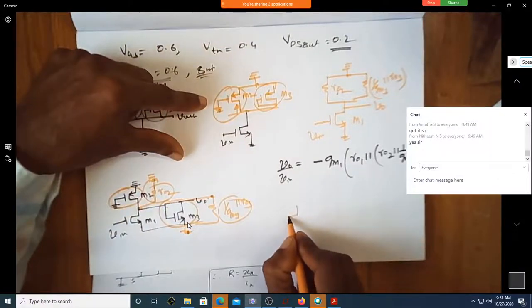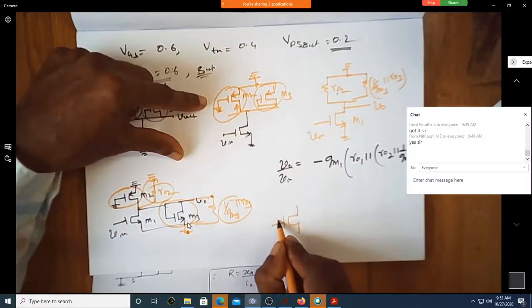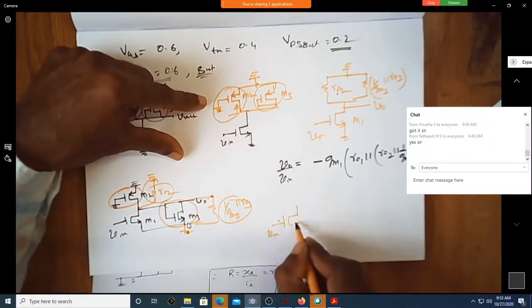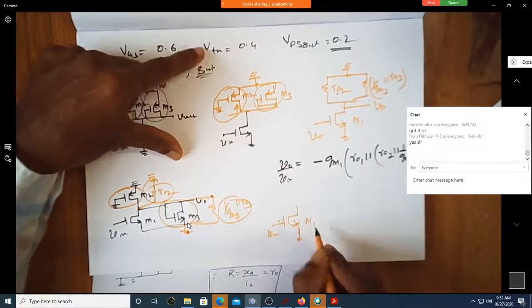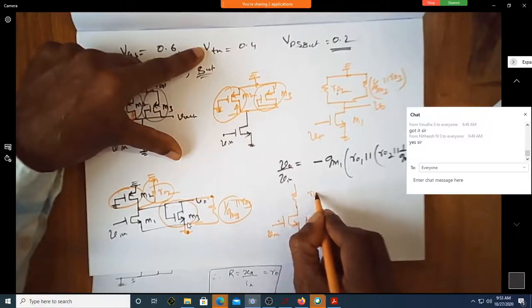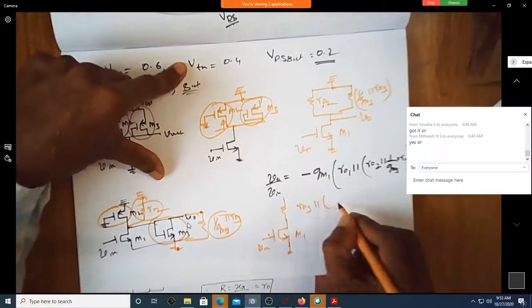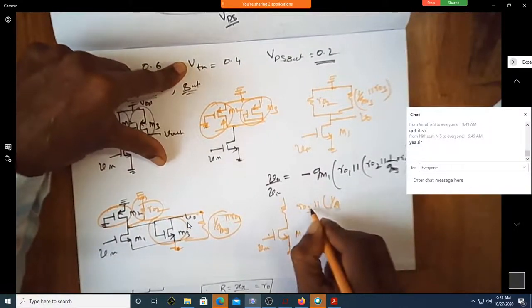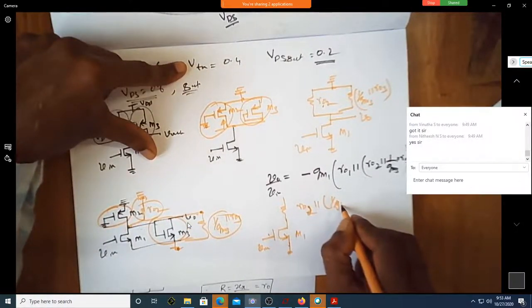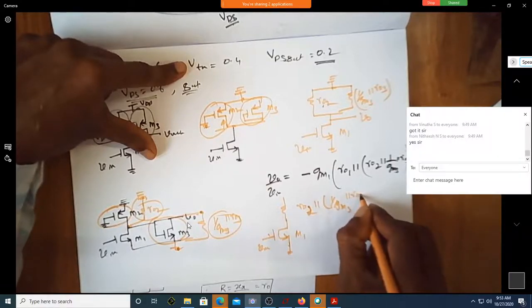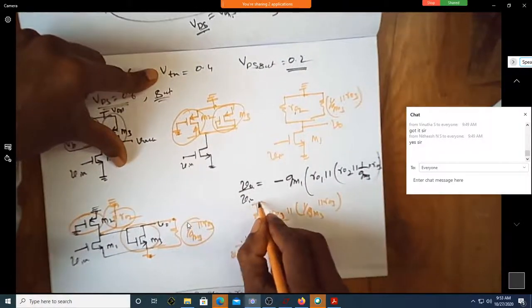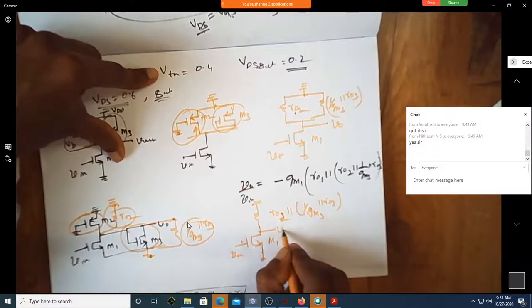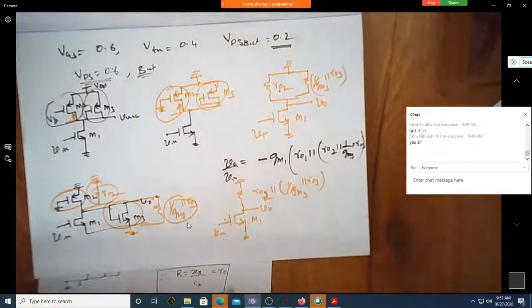So can I write it as, this is V in, this is now M1, and it is R02 in parallel with 1 over GM3 parallel with R03. Can I write it now?